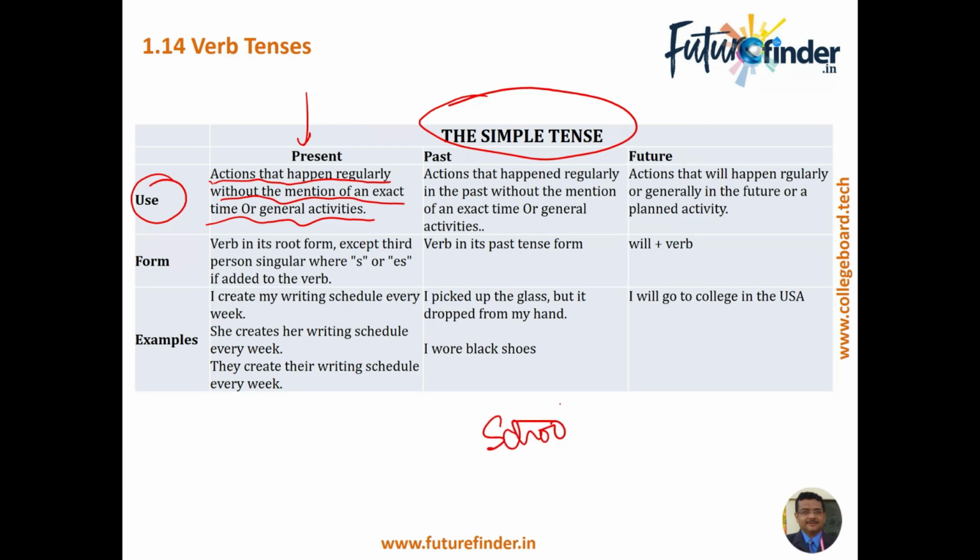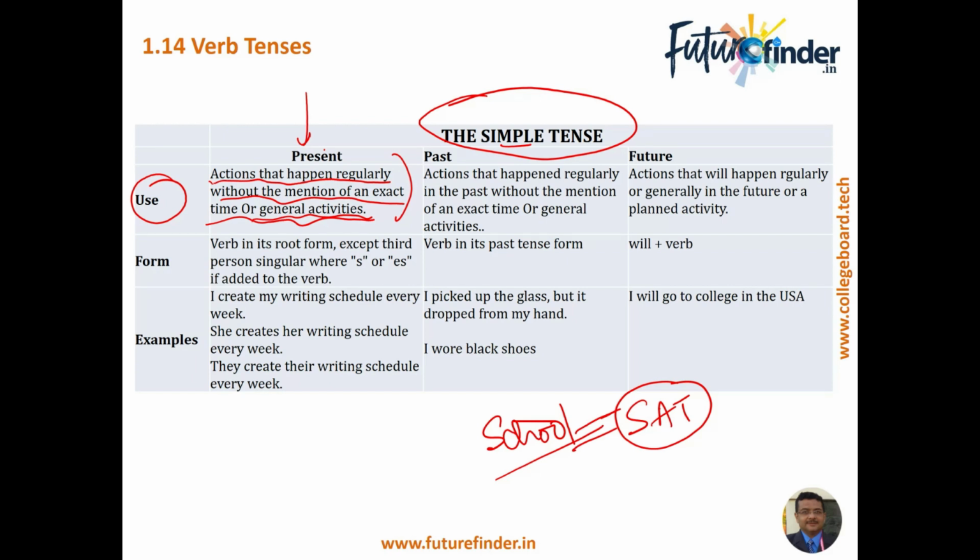This has not got any direct application on the SAT, but actually applied grammar is equal to SAT, right? So actions that happen generally, regularly, without the mention of a time, which happen habitually, continuously, are all presented in the simple present tense.